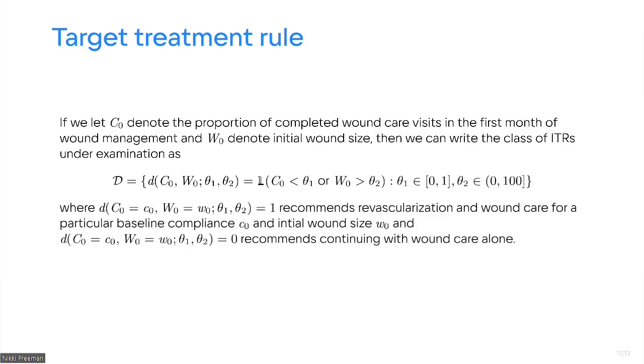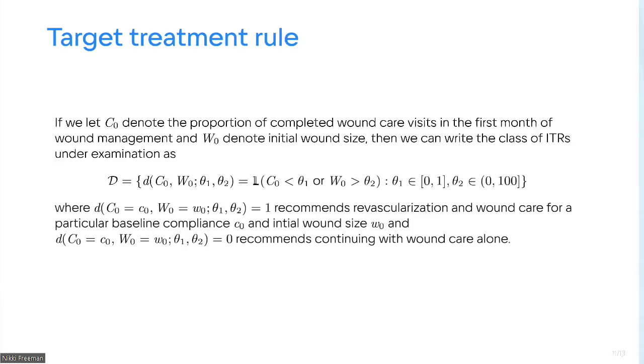So that's a very simple rule, things that one could very easily figure out. There's no special test or measurements that need to be taken. Very straightforward. It's a 1 if your compliance was less than some threshold or your initial wound size was bigger. It's a 0, so continue with wound care, otherwise.